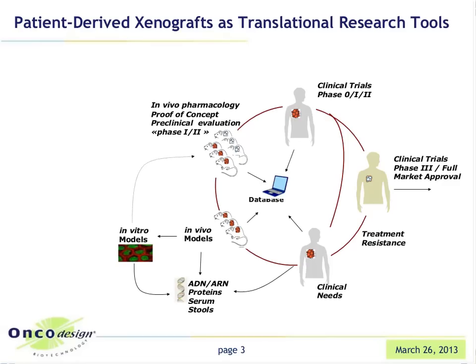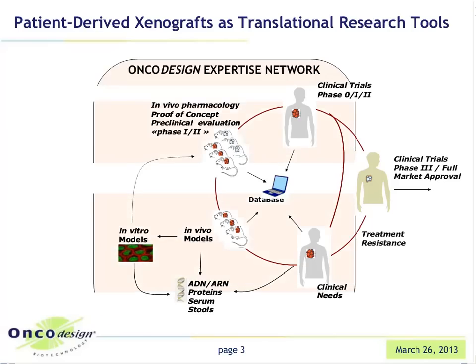All the data are collected in a database, and from that we can perform data mining and identify new biomarkers or new correlations with the treatments and the response of the tumor. Our network is really going from in vitro models to the clinical trial, and there is a very close relationship with the surgeon and the oncologist.